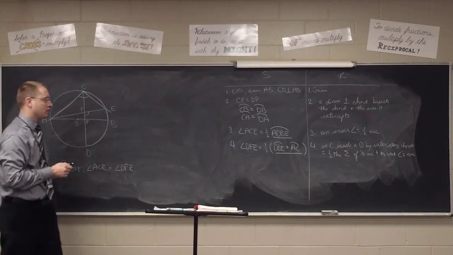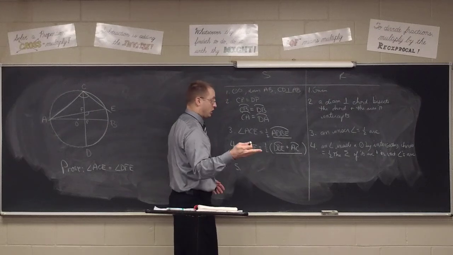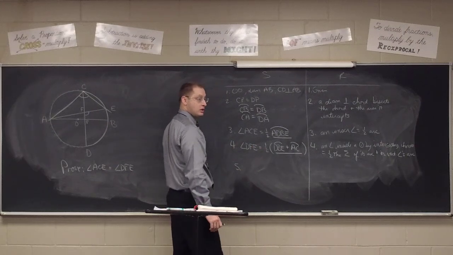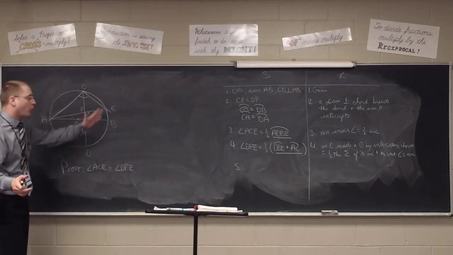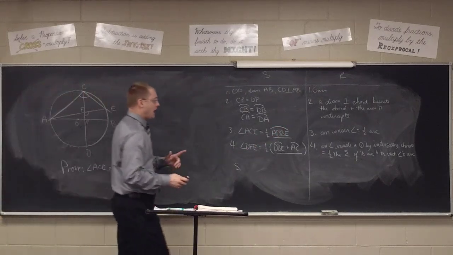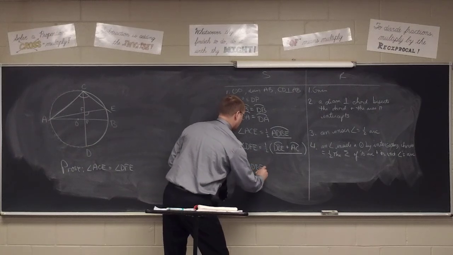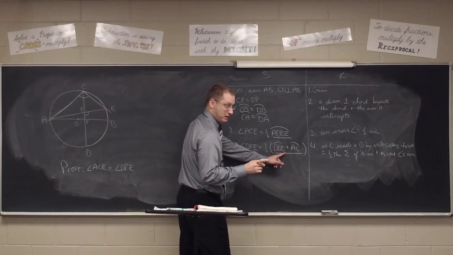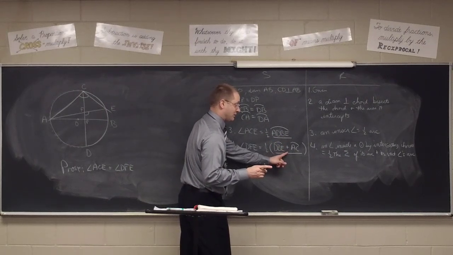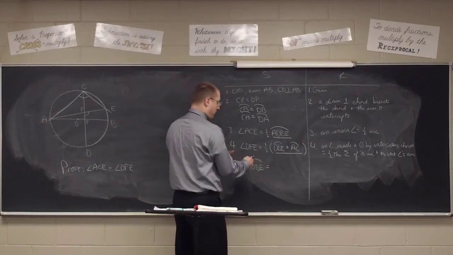Couldn't we say that whole equals sum of its parts? Okay, so we could say number 5. Which whole are you talking about? ADBE. Yeah, this whole arc, ADBE, has a whole lot of pieces and parts, doesn't it? And so I could say the arc ADBE. Now, look at my ultimate objective. My ultimate objective is to make it match this. But for now, what parts is it equal to?